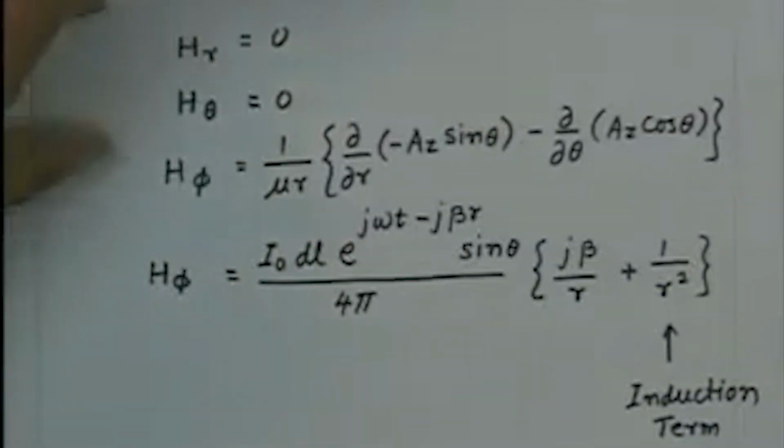So, we essentially divided the fields into these categories, and then we said, depending upon the distance from the dipole, we can call these fields the near field or the far field, and we had a reference distance, which is lambda by 6.